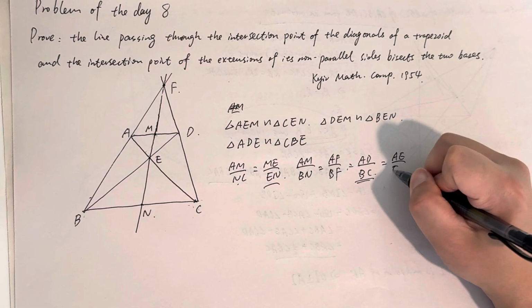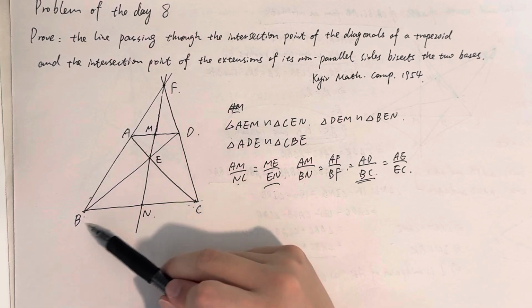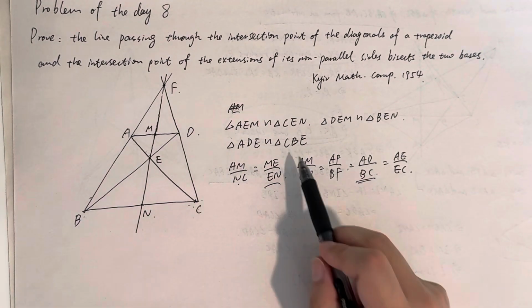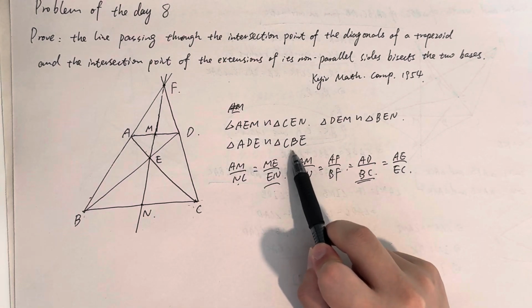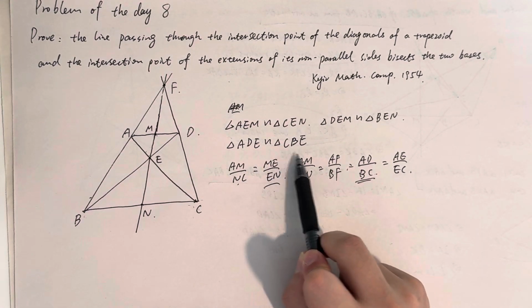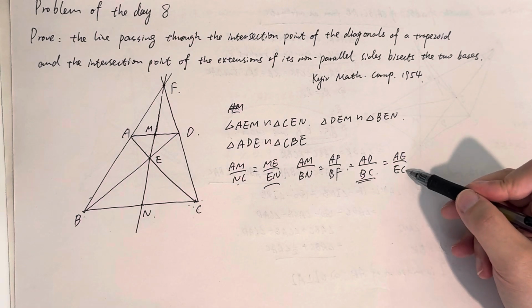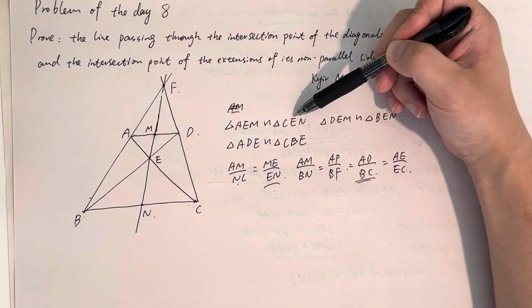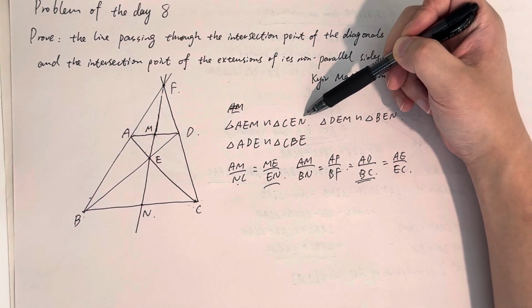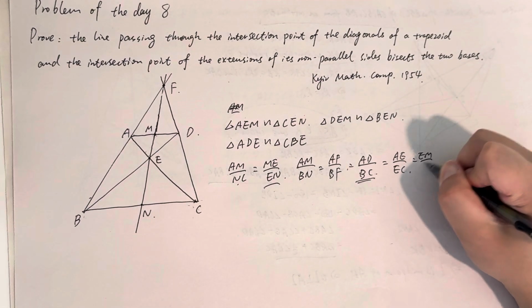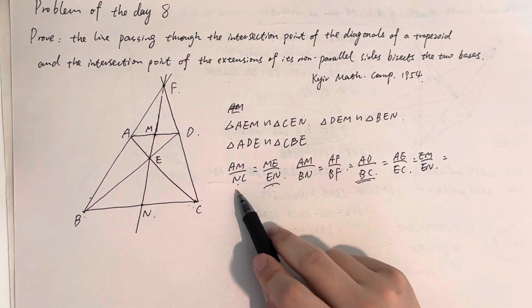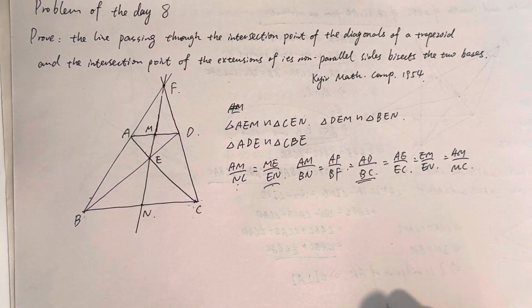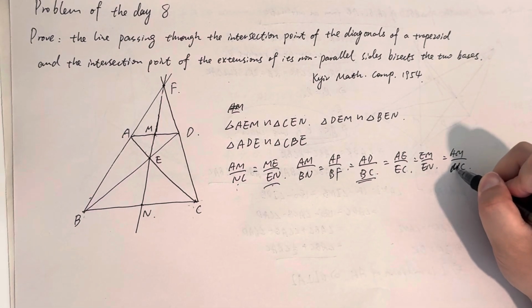Because triangle ADE and triangle CBE are similar, AD to BC equals AE to EC. And AE to EC equals EM to EN, which equals AM to NC.